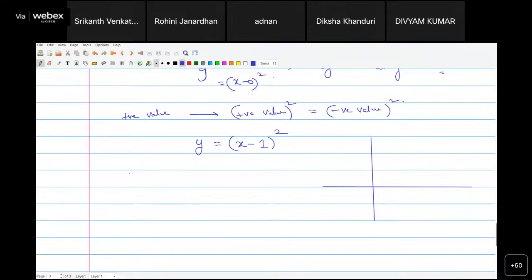So, someone said the correct answer: it moves 1 unit towards the right side. So whatever the x square graph you have, it basically moves 1 unit towards the right.